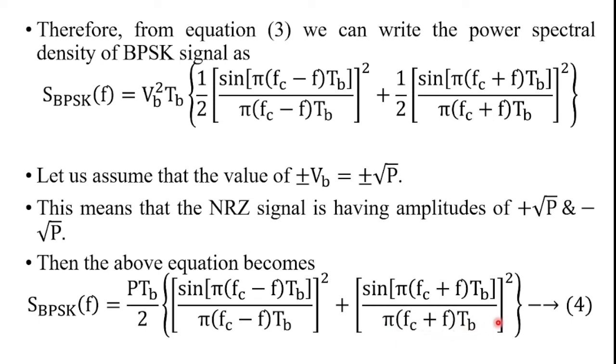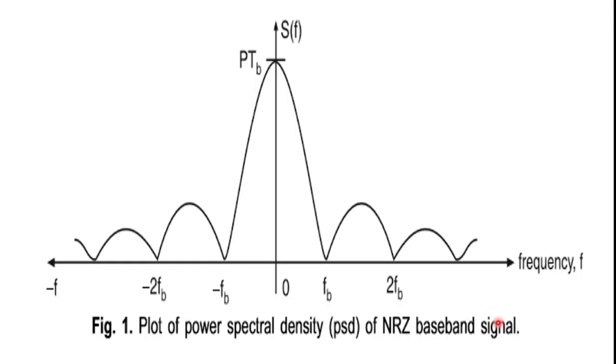This equation is called the power spectral density of binary phase shift keying for modulating signal b(t) having amplitudes equal to plus or minus square root of P. The power spectral density of the baseband signal b(t) and the power spectral density of the binary phase shift keying signal are shown in this waveform.